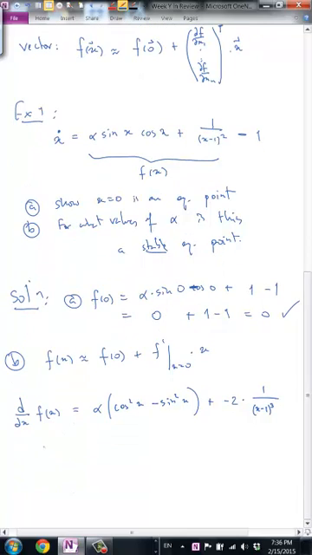And if I evaluate this at 0, f prime evaluated at x equals 0, I get alpha times 1 minus 0 minus 2.